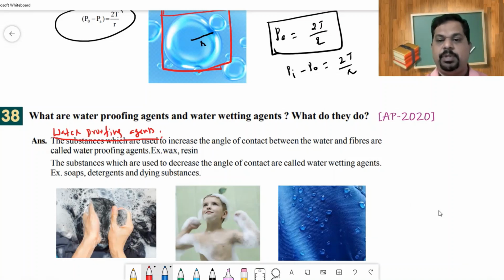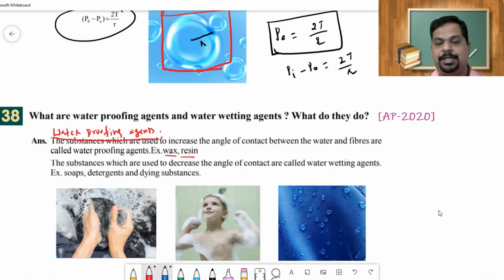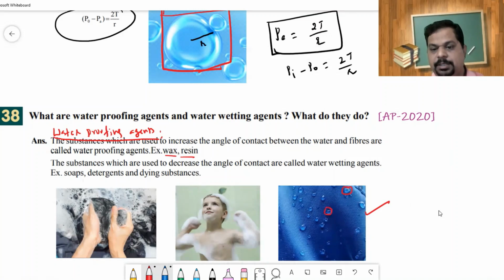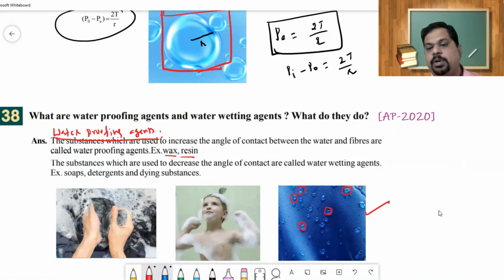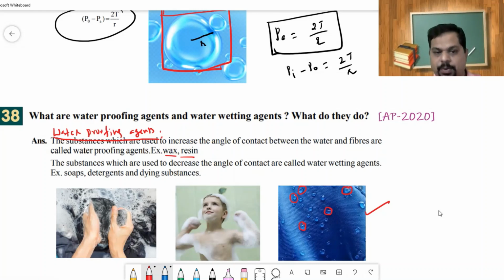That is what we call waterproofing. Example, wax and resin. For example, look at the raincoat. On this raincoat, the drops are just formed there. They are just sticking there, but not entering into the fiber. Why? Because such raincoats are the best example for waterproofing. They are increasing the angle of contact. That's why liquid cannot enter into it.